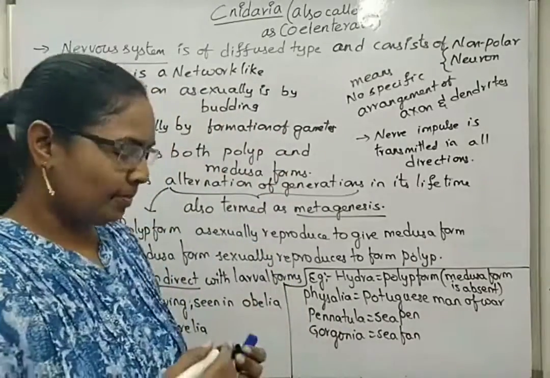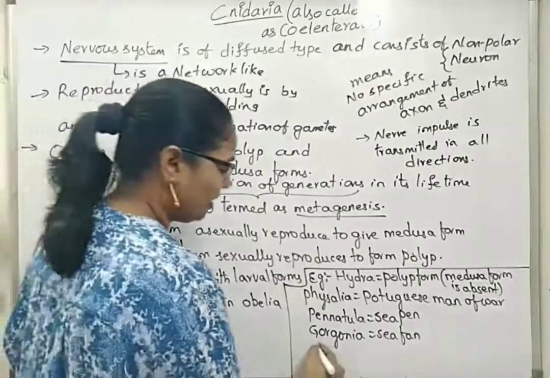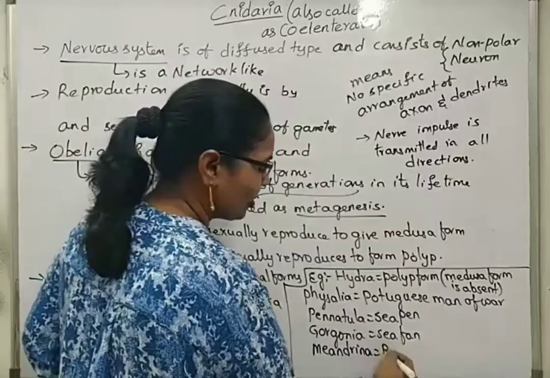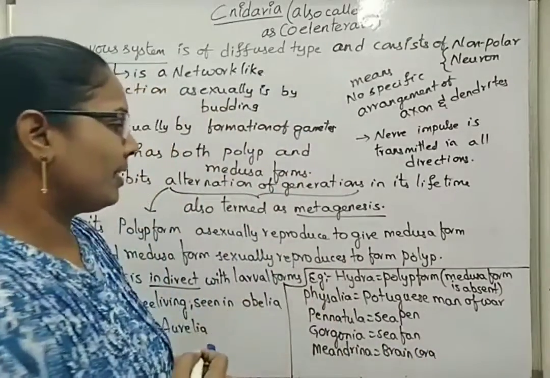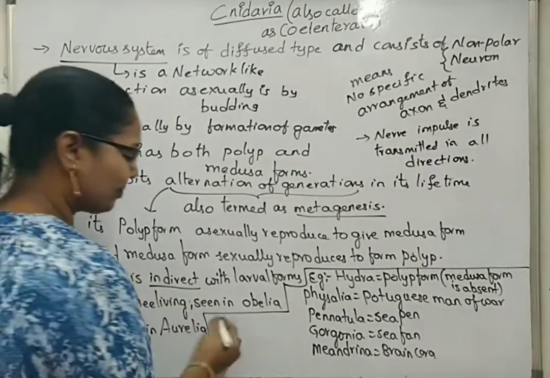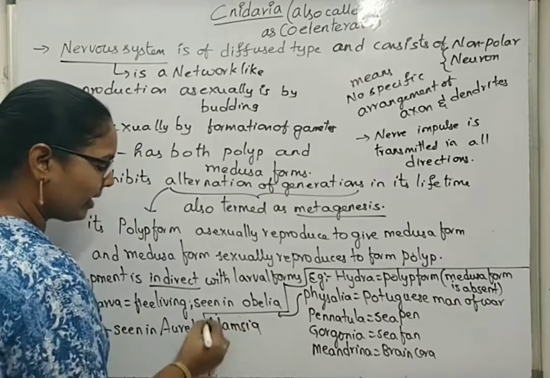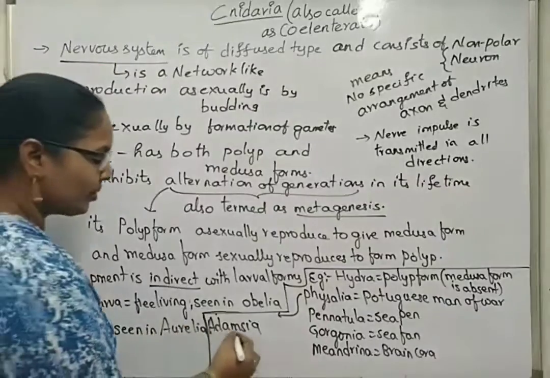Next, another example is Meandrina, which is also called as brain coral. Other important example is there that we can consider under important MCQ also, that is Adamsia. So Adamsia is also called as sea anemone.